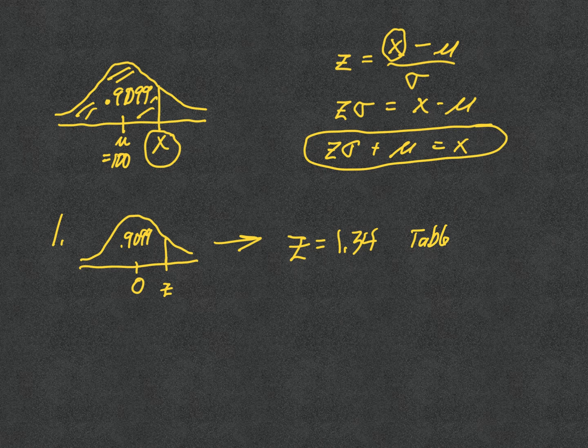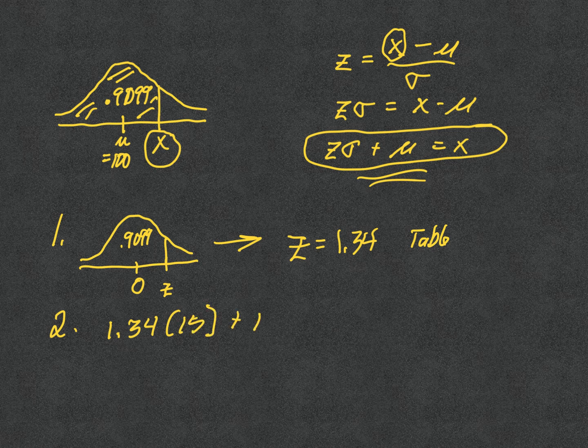Once I have that, I can go back. I have z equals 1.34. Then step 2 on the problem is to use the formula. So I take 1.34. Our mean was 100, and our standard deviation was 15 because it's the Wechsler intelligence test.